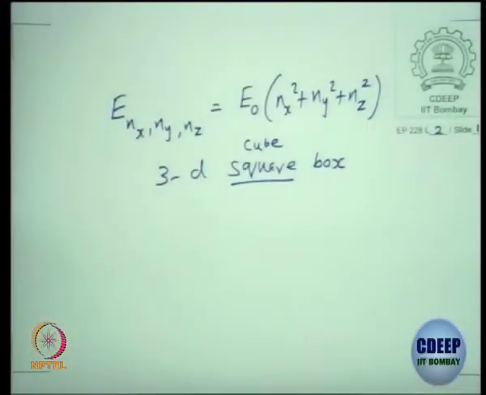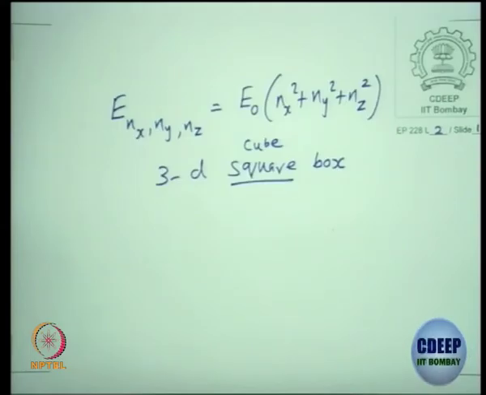If you understand two dimensions, you can get to what happens to degeneracy. The cubical symmetry will allow permutation of nx, ny and nz. The energy E of nx, ny and nz is E naught times nx squared plus ny squared plus nz squared.